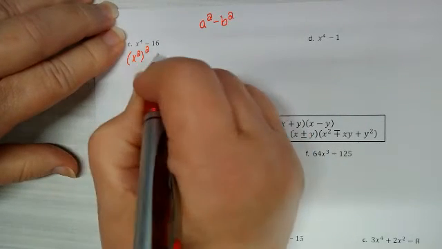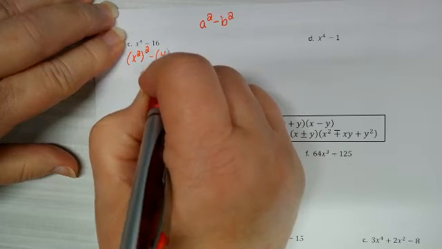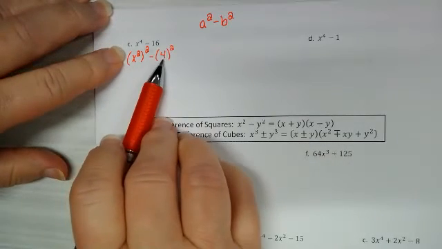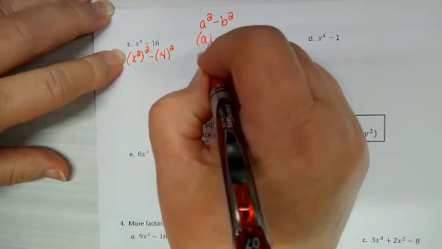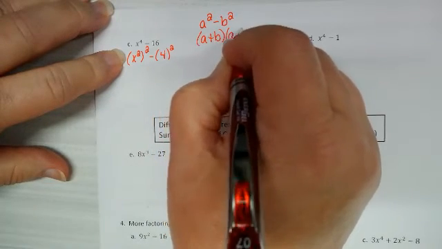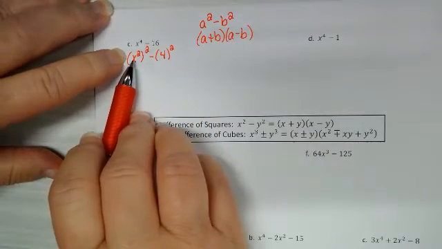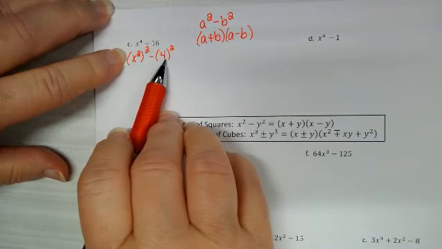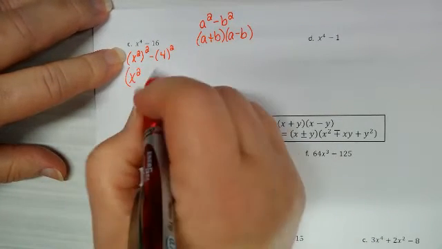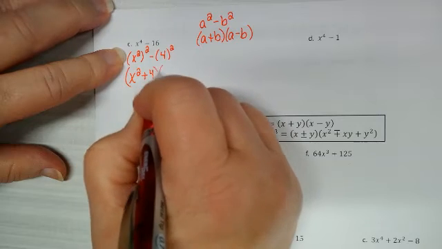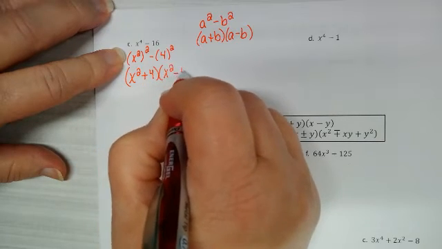It's x squared squared. And 16, of course, is 4 squared. So in my formula, when I do a plus b, a minus b, I'm going to plug in x squared for a and 4 for b. So watch what happens. I've got x squared plus 4 and x squared minus 4.